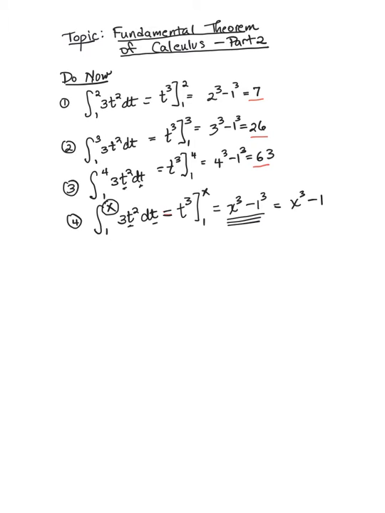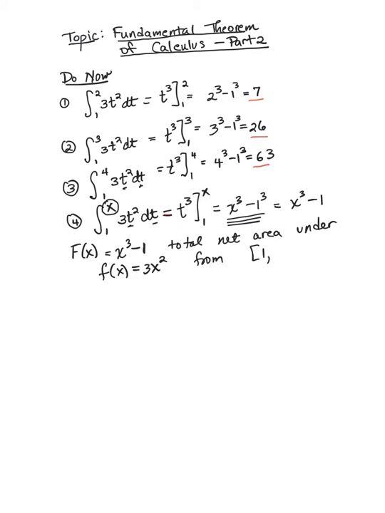And this function of x, x cubed minus 1, which I'll call capital F of x, represents the total net area under little f of x equals 3x squared from 1 to any number x.